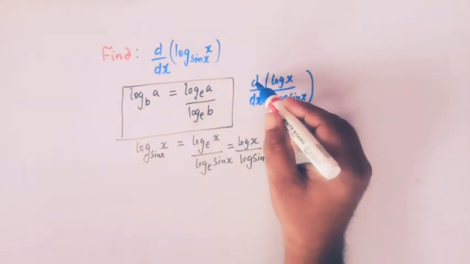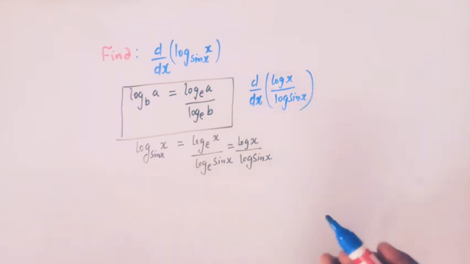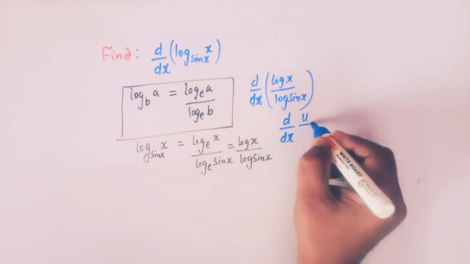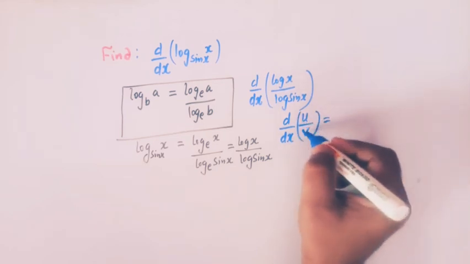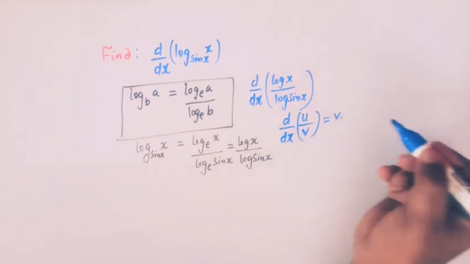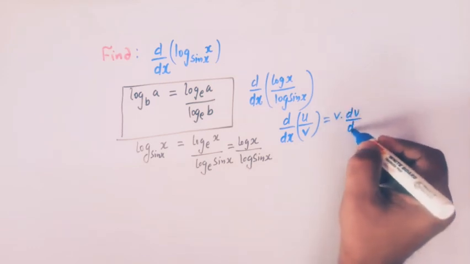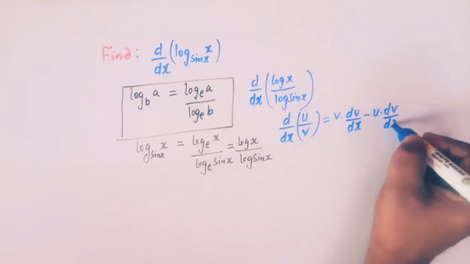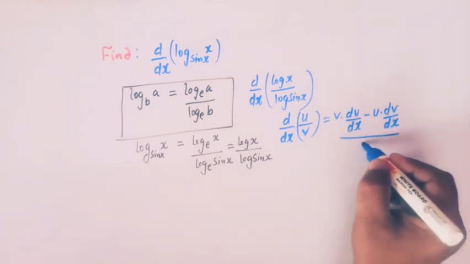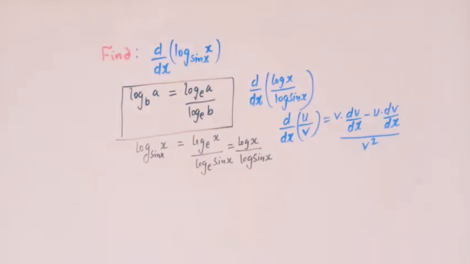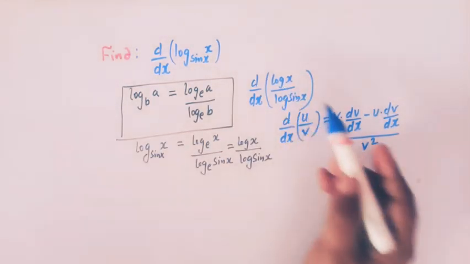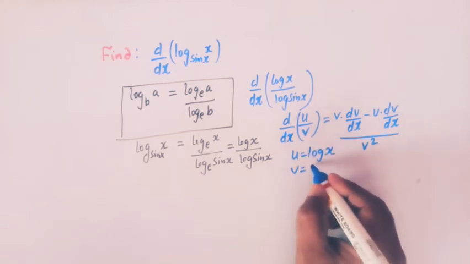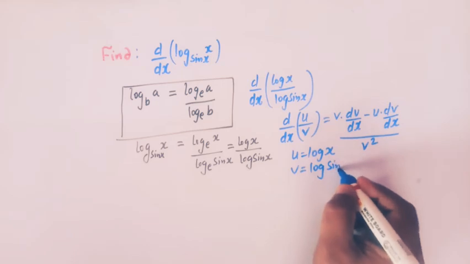The quotient rule says that if we have two functions u and v of x, then the derivative is v times derivative of u minus u times derivative of v, divided by the square of v. So here u is log x and v is log sin x.